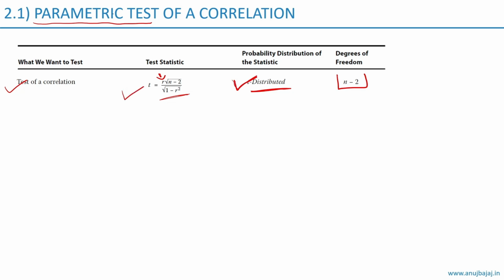But if the population data deviate from normal distribution, then the conclusion that we get using this test statistic and this distribution might be incorrect. The formula of sample correlation is the sample covariance divided by the sample standard deviation of variable x multiplied by the sample standard deviation of variable y. We have seen this formula many times in the previous chapters.